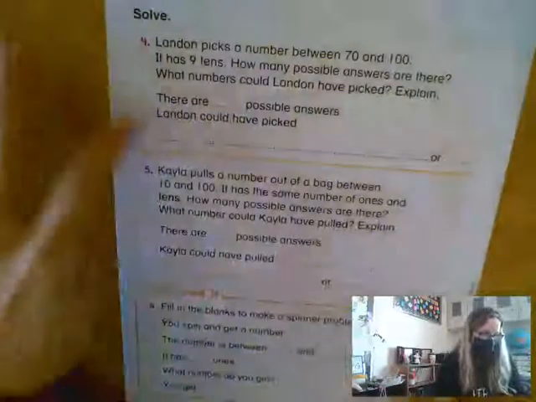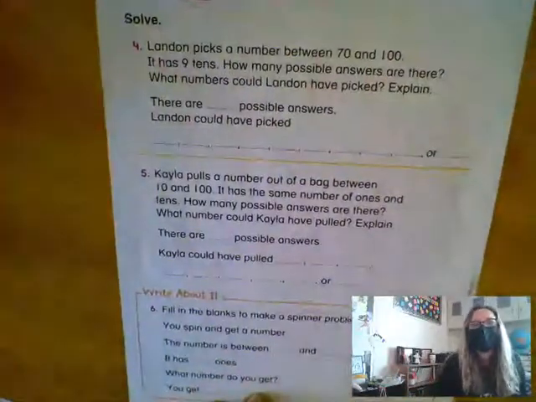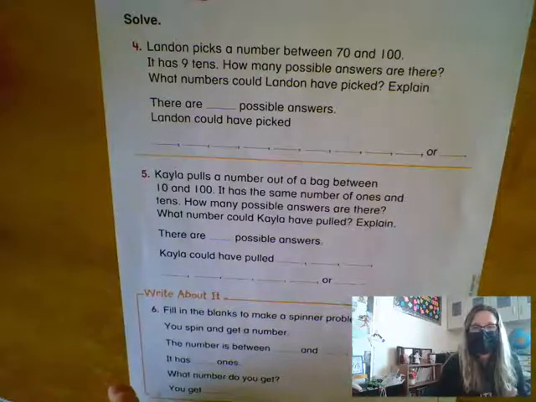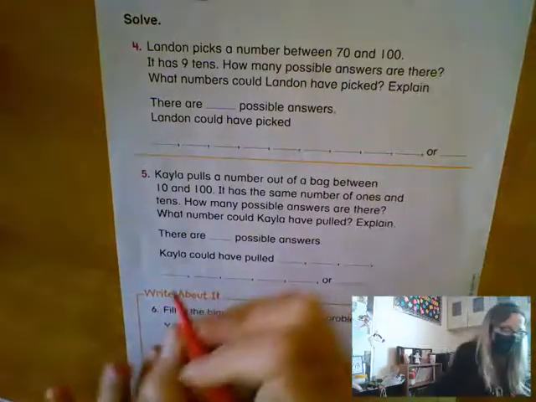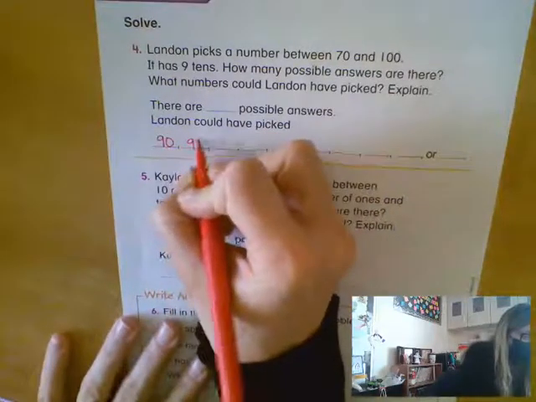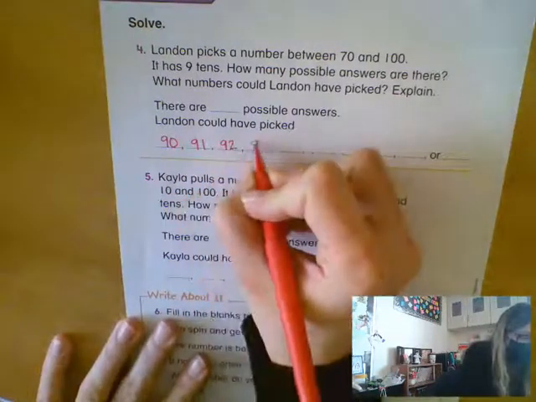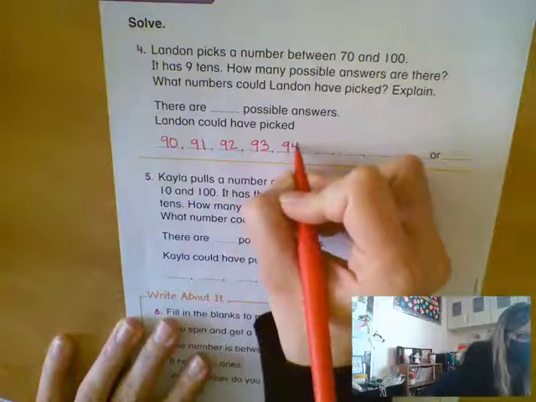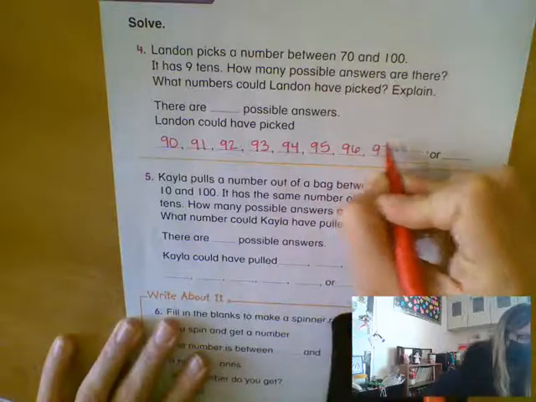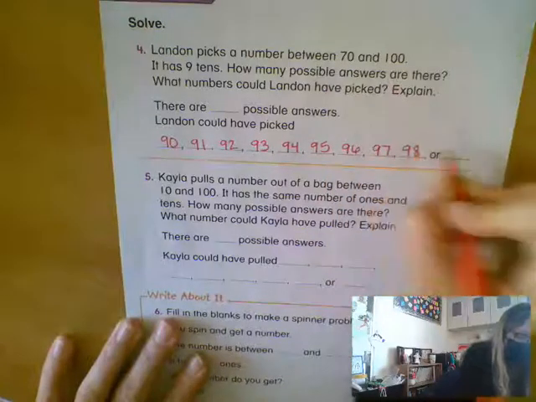And we'll do 2 more on the back and then we'll be done. Landon picks a number between 70 and 100. It has 9 tens. What are his possible answers? Well, if it's between 70 and 100 and it has 9 tens, it could either be 90, 91, 92, 93, 94, 95, 96, 97, 98, or 99.